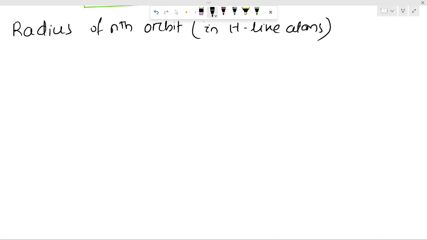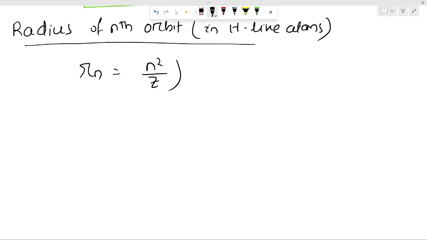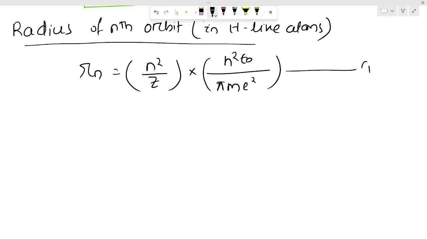We have the radius formula Rn is equal to n square upon Z into h square epsilon naught divided by pi m e square, isn't it? From equation 3 we have this expression. Let us give it equation number 1.